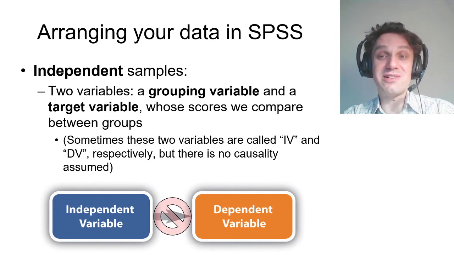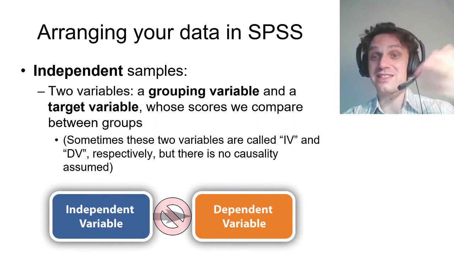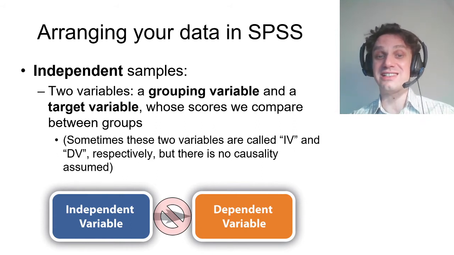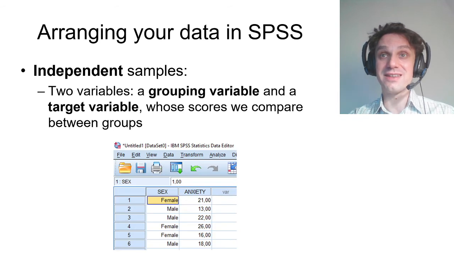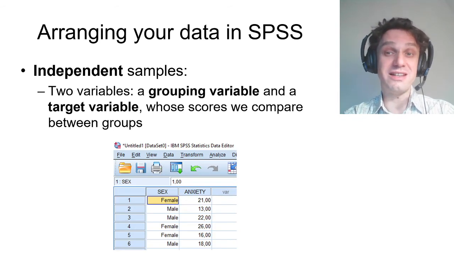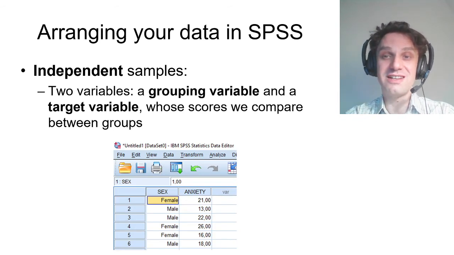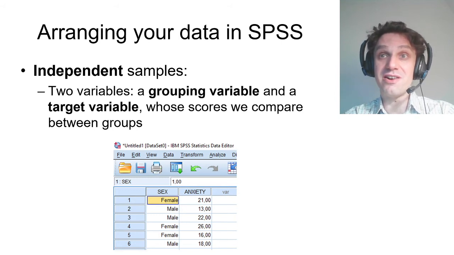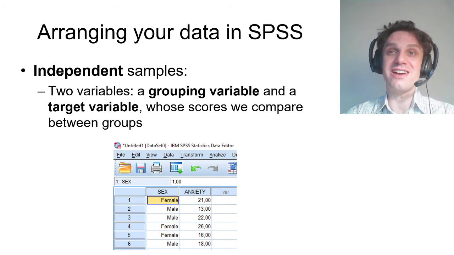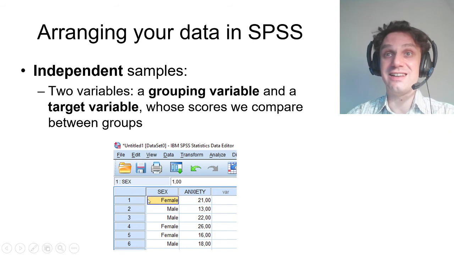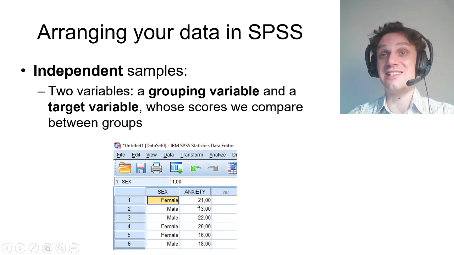And the target variable is the variable which measures some kind of property that you're interested in comparing. So in SPSS or in any other statistical package, like Jamovi or R, your data are going to be arranged like this: a grouping variable and a dependent variable or target variable, for example, anxiety.